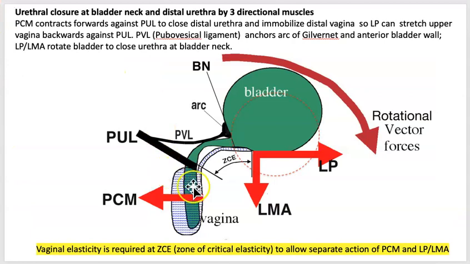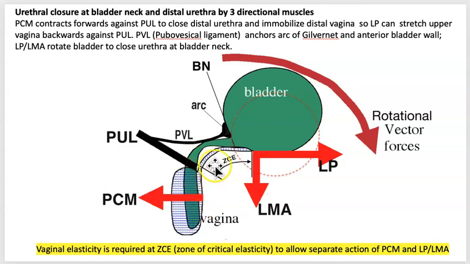We saw from the ultrasound that the urethra is closed here by the forward muscle and the bladder neck is closed by the backward and downward muscle. This is how it works. There's the pubourethral ligament. Now, as you saw, this forward muscle closes the urethra and tensions the vagina here.